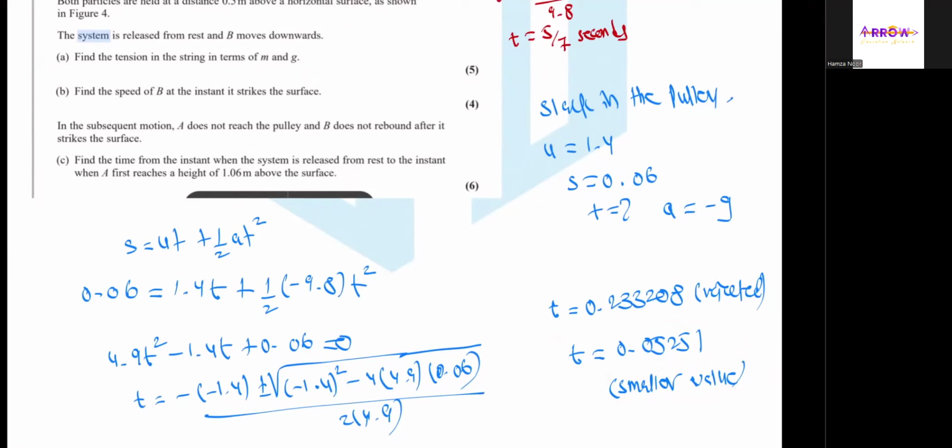Particularly, the question is asking for the instant when A first reaches a height of 1.06 meter. This is the first time particle A reaches a height of 1.06 meter. This t value, 0.233208, is the second time the particle A reaches a height of 1.06 meter above the surface after coming back from its highest point.